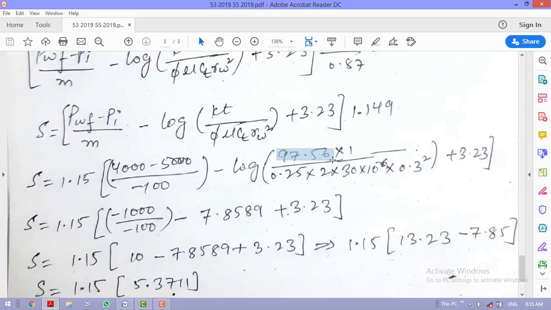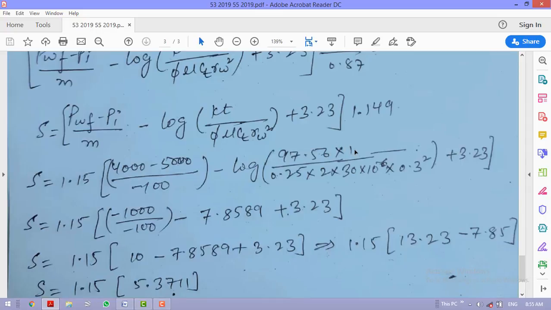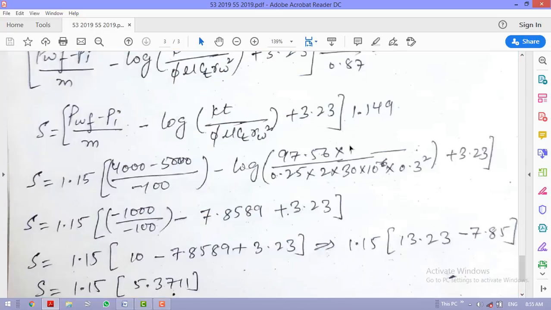The only thing you have to be sure about at this point is that the time should be the time given in the question, which is 1 hour. Since it is just 1 hour, even if we substitute it here it doesn't make any difference, but if there is any other time that can affect your calculation, you have to be careful.